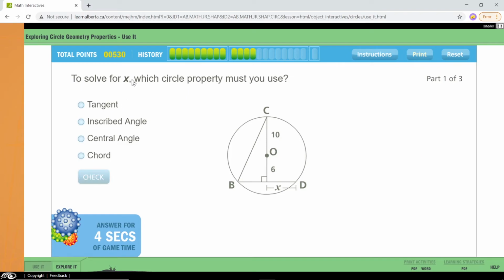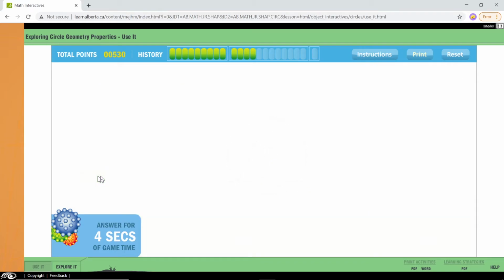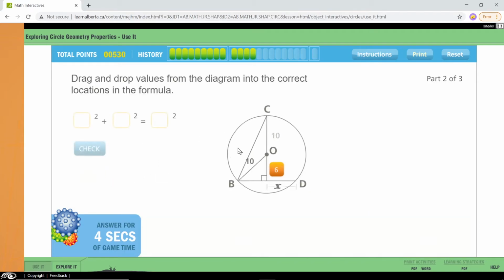To solve for x, which circle property must you use? So x, as you can see, there's also a chord. Therefore, the answer is chord. Alright, next. Now drag and drop. Alright, so now 10 is the hypotenuse.